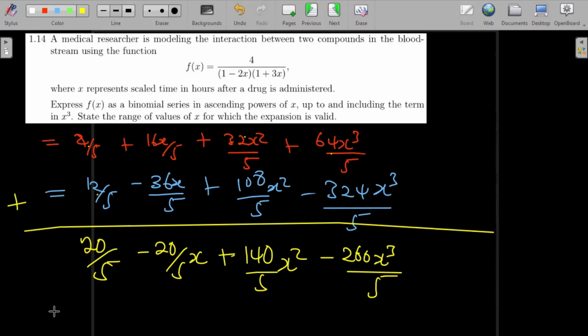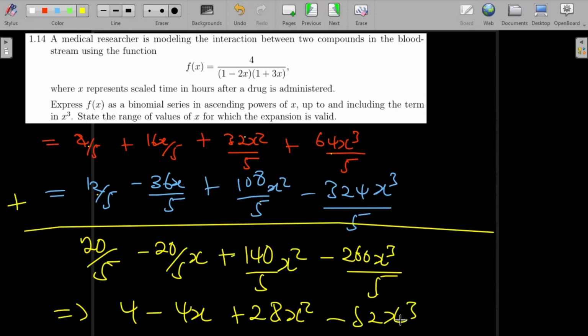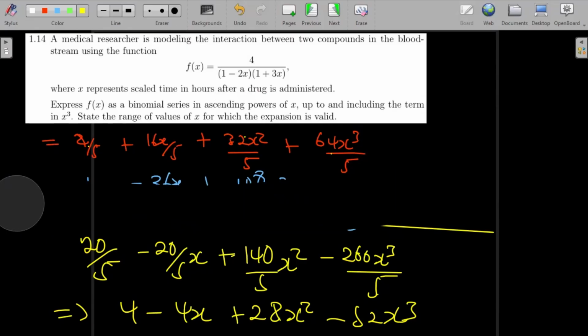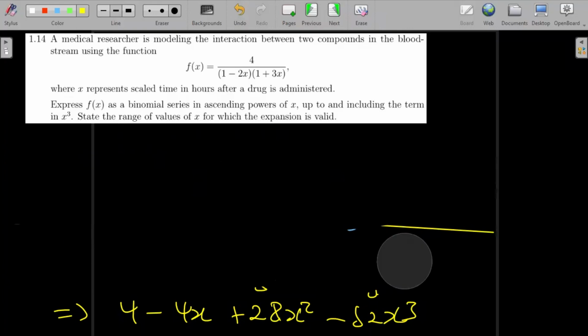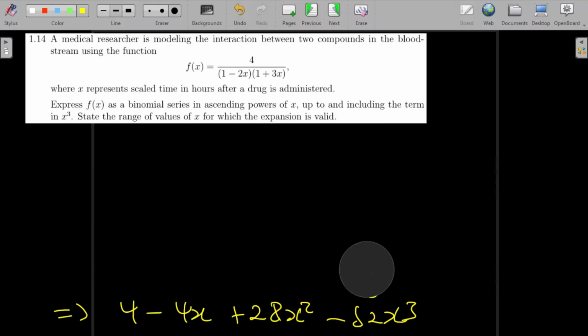All these numbers are divisible by 5, so our expression will be 4 - 4x + 28x², when I divide 5 into 140, and dividing 5 into 260, I'm getting minus 52x³. So this here is the binomial series in ascending powers of x, up to and including the term x³. You can see that it's ending at x³ there.